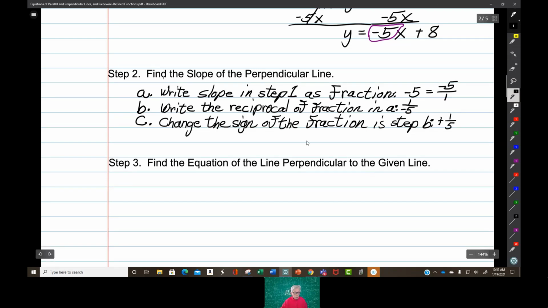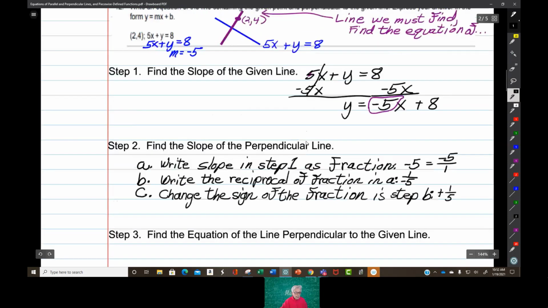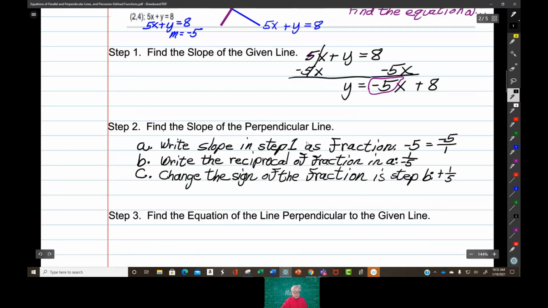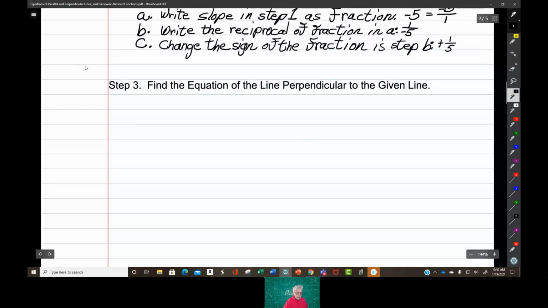And now, once I look up here to find the given point, 2, 4, I can write the point slope formula.